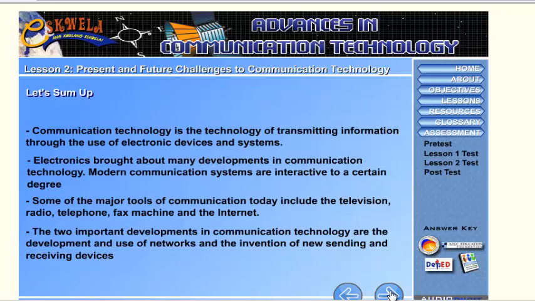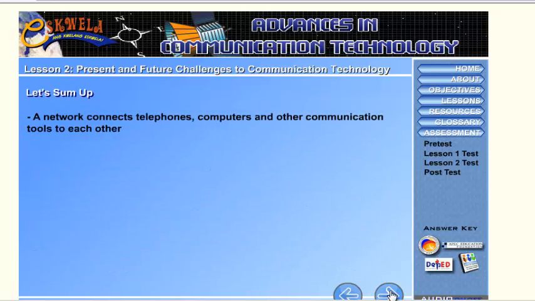The two important developments in communication technology are the development and use of networks and the invention of new sending and receiving devices. A network connects telephones, computers, and other communication tools to each other.